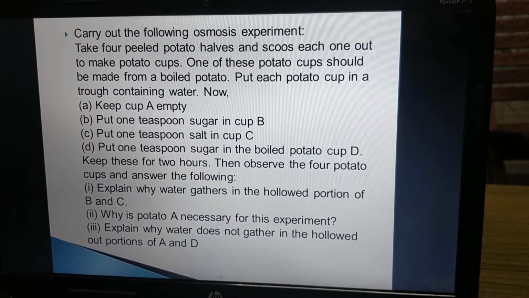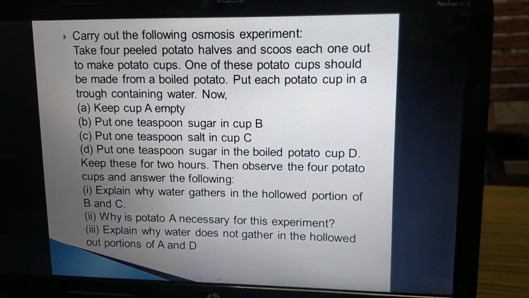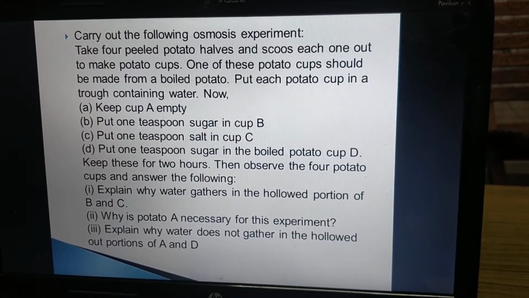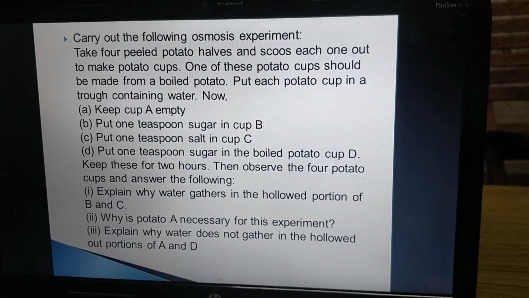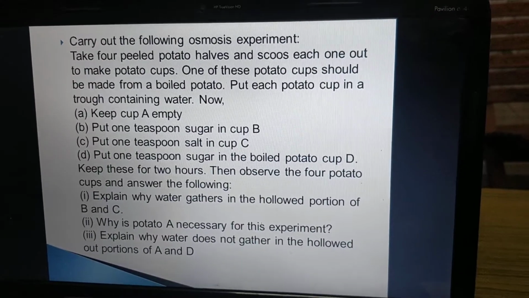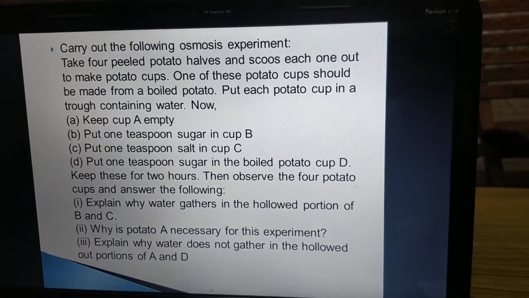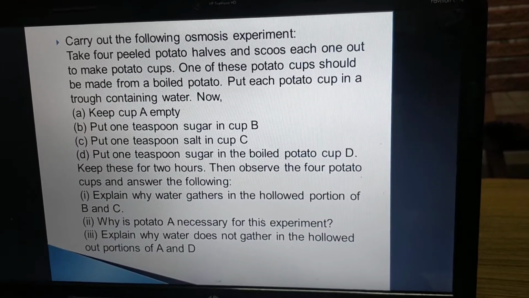Take 4 peeled potato halves and squeeze each one out to make potato cups. One of these potato cups should be made from a boiled potato. Put each potato cup in a trough containing water. So I'm just giving you the example to show how these potato cups are made. See, this is a potato.